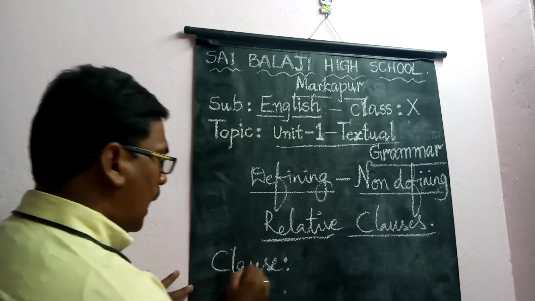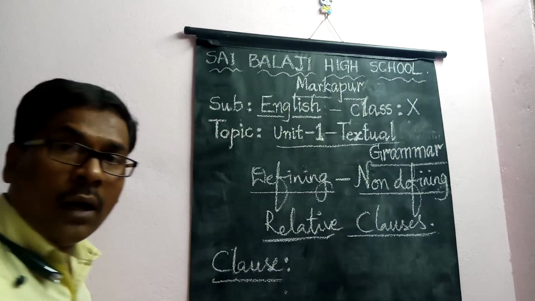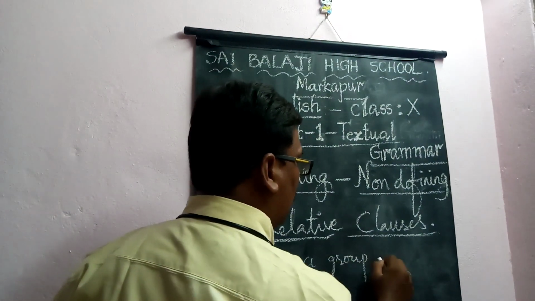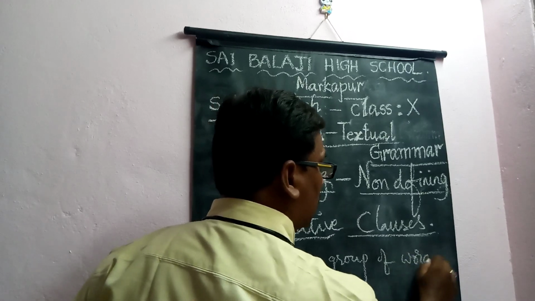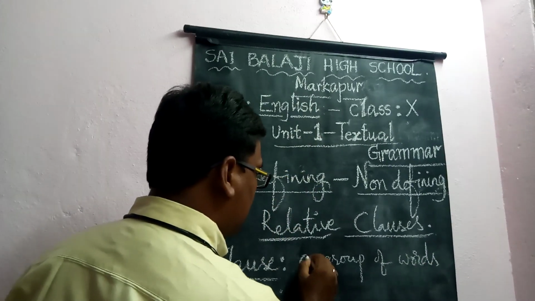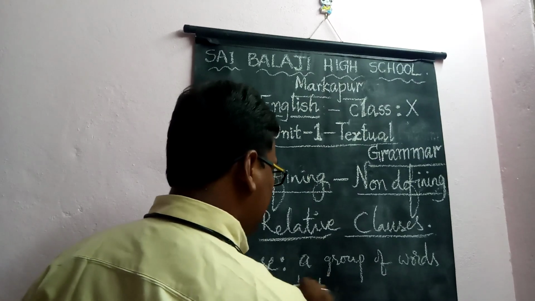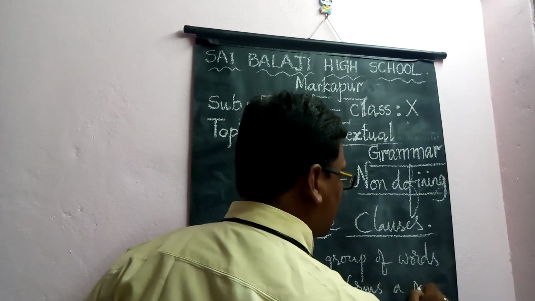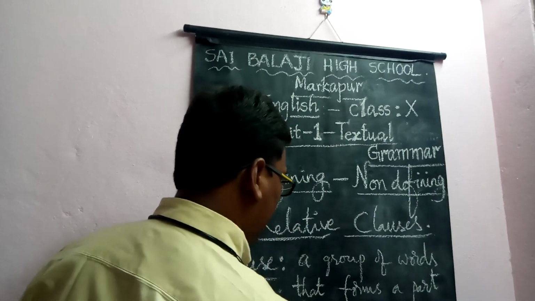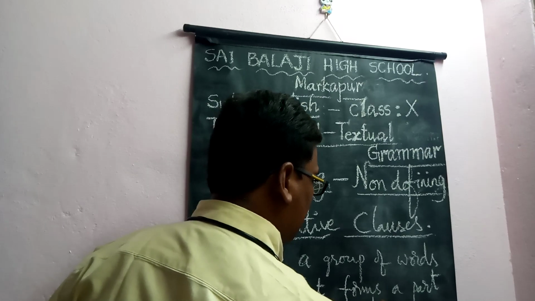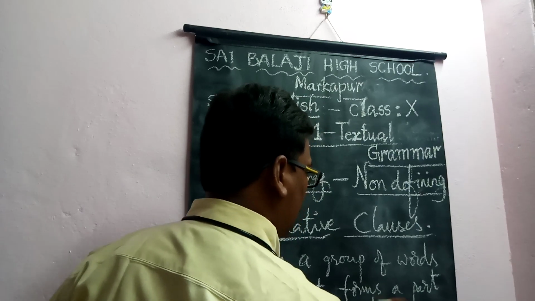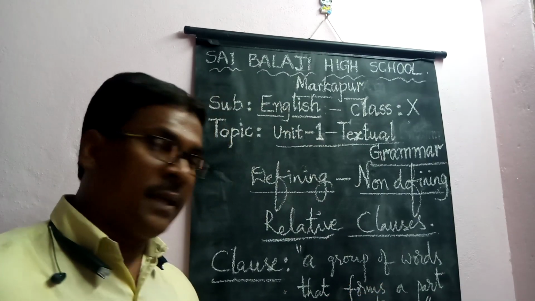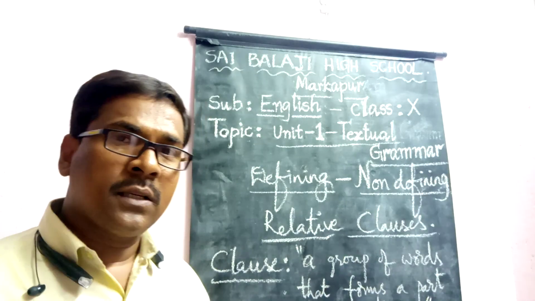So here clause means nothing but a group of words that forms a part of a sentence which has subject and predicate also.